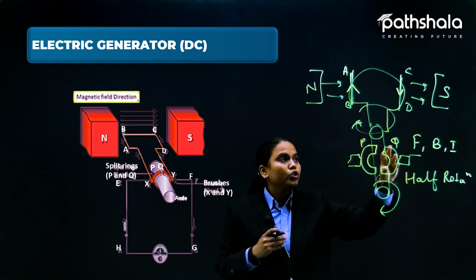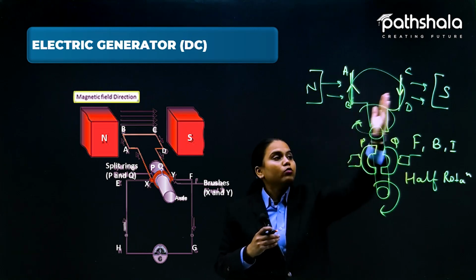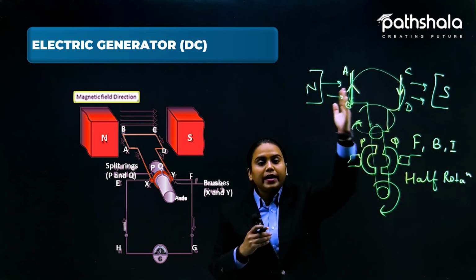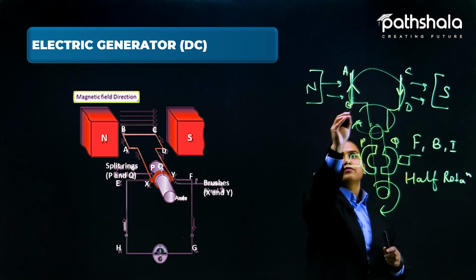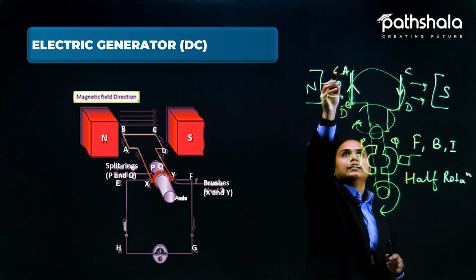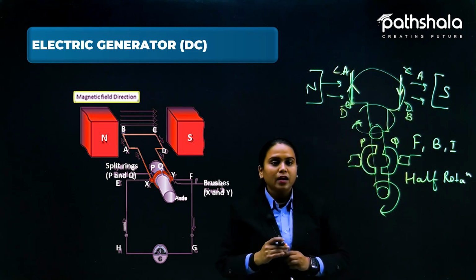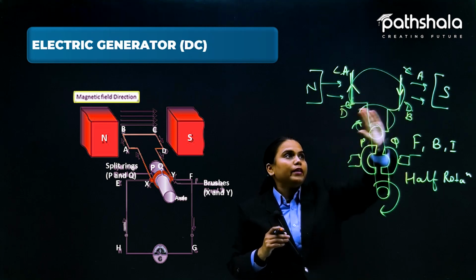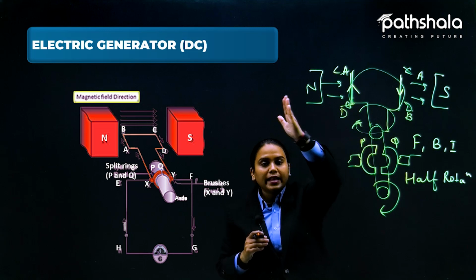Now, because Q is connected to the CD side and P is connected to the AB side, CD will also come here and AB will go there. So now this one will be C, D and this one will be B, A, like this.